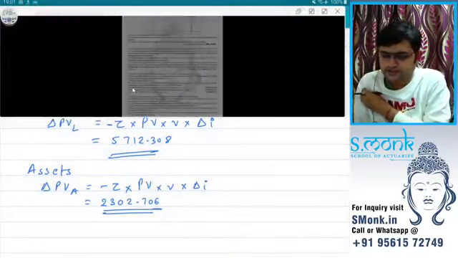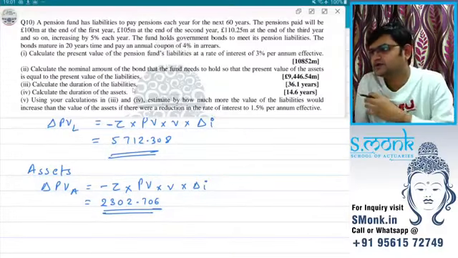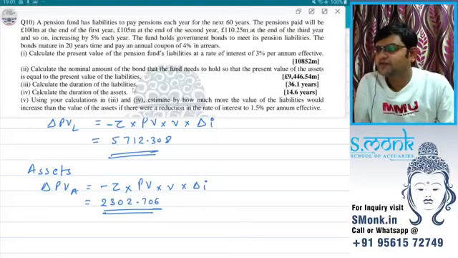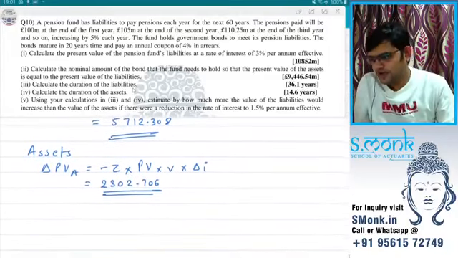What were they asking us? They're saying by how much the value of liabilities would increase than the value of assets.